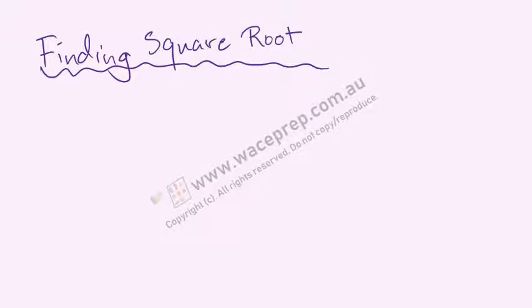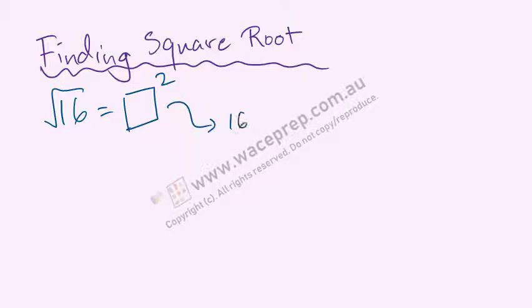Just before we go deep into this, let's have a look at one of the examples we looked at earlier. 16. Square root of 16 means what number must we have in this box so that if we squared it we would have gotten 16 as a result. Okay, that's what it means.